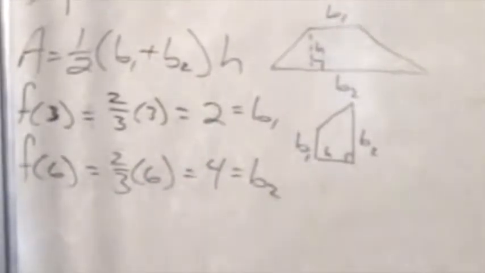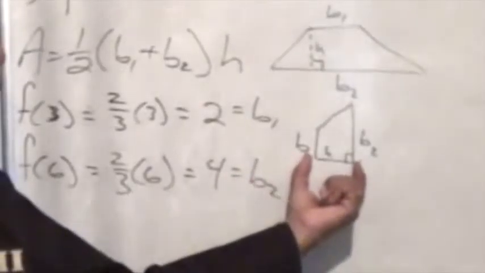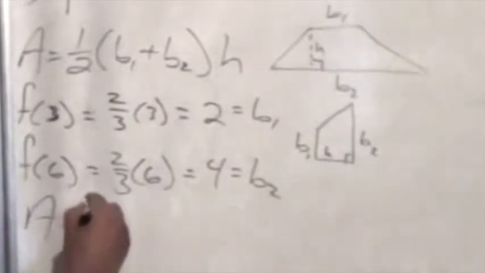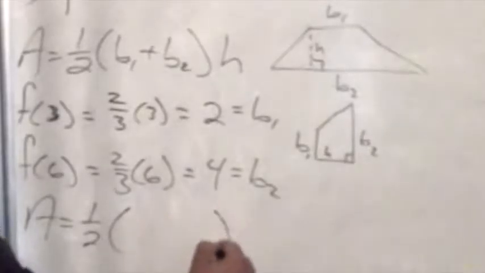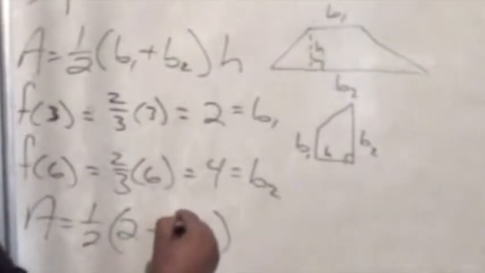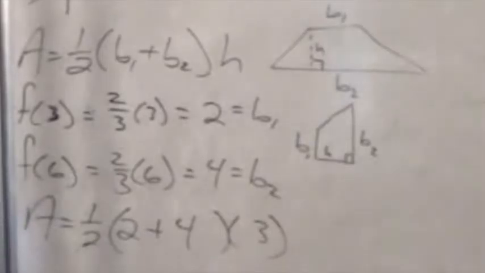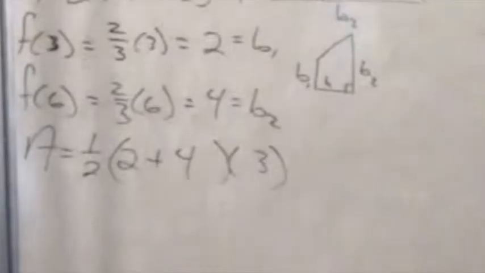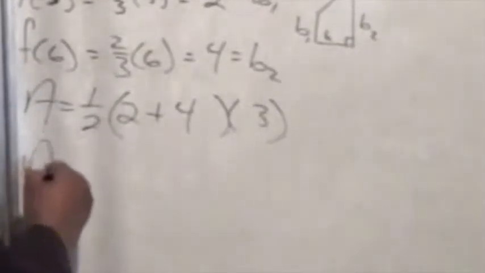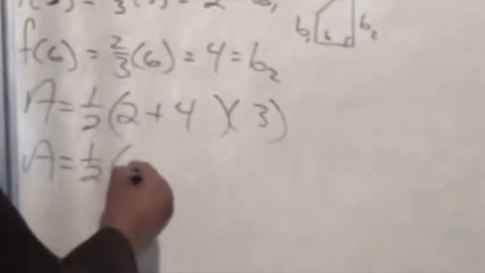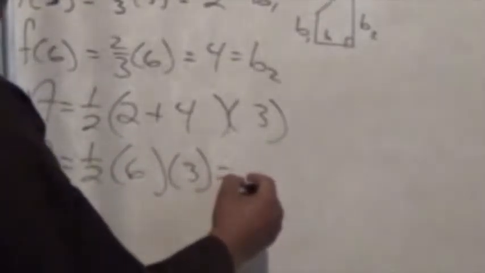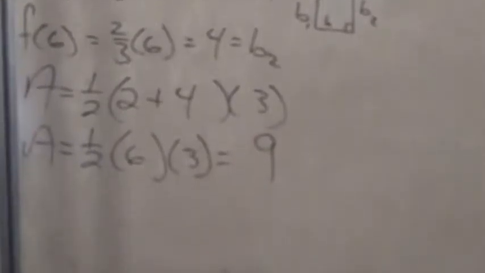What will serve as the height is this portion right here, from 3 to 6, and that's going to be a distance of 3. So we put our B1, our B2, and our height of 3 here, and we simplify, and we get an area of 9.